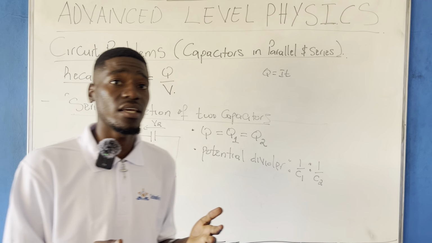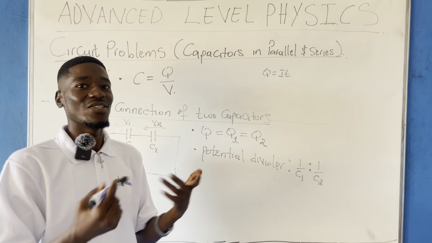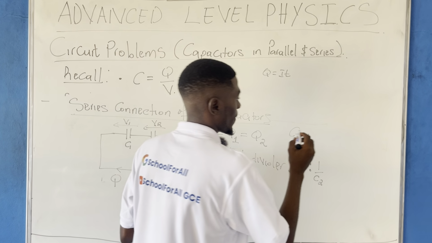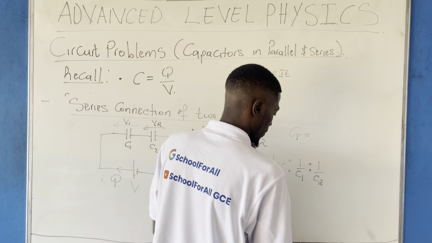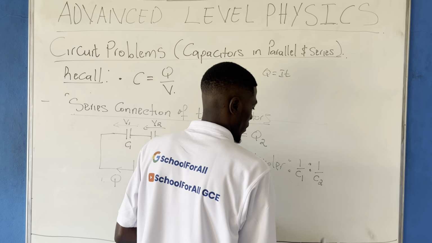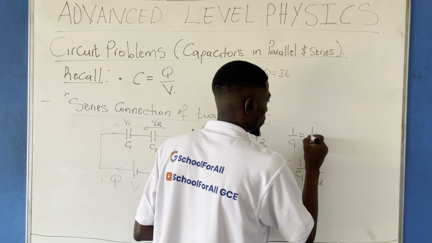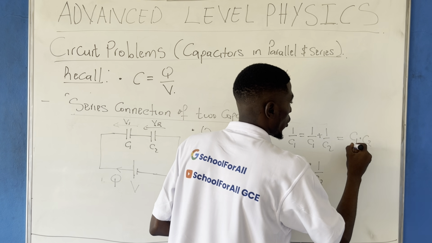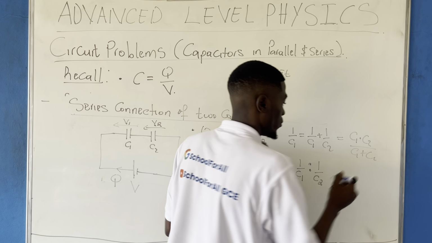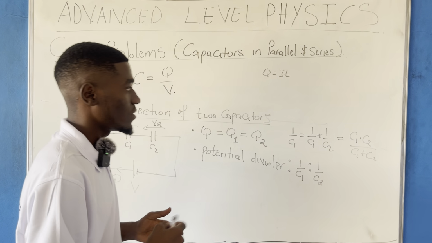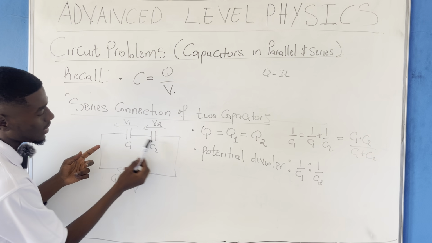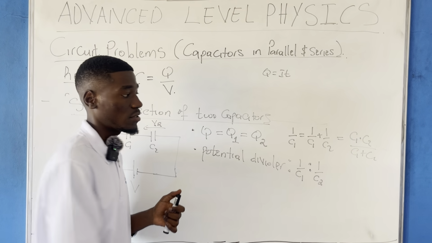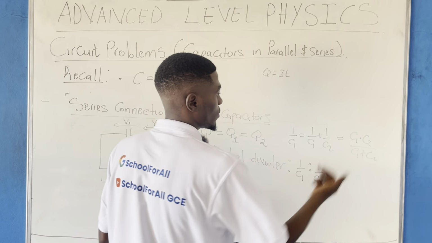Because the total capacitance of the circuit is 1 over C total equals 1 over C1 plus 1 over C2, which is the same as product all over sum, as you usually see in O-level. So for series connection of capacitors, we have reciprocal capacitors. So that is 1 over C1 plus 1 over C2, product all over sum.